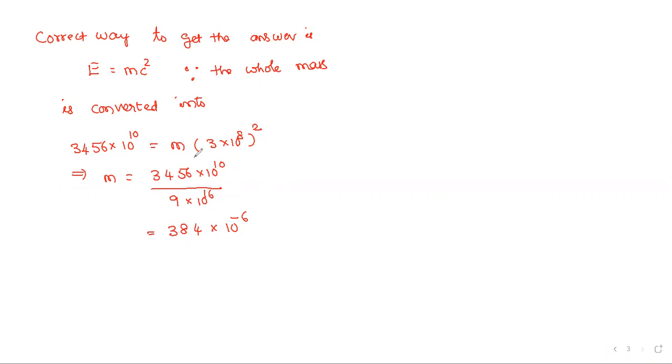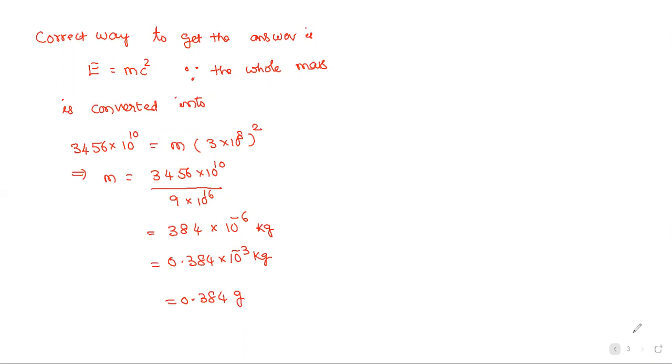But keep in mind, E is equal to mc square means energy in joules, and c is meter per second, both in SI units. So m should be in kg. If I shift the 3 decimals, 0.384 into 10 to the power of minus 3 kg is nothing but 0.384 grams.